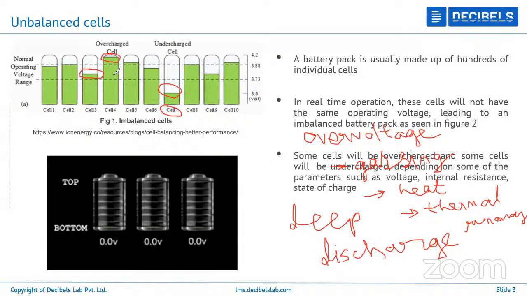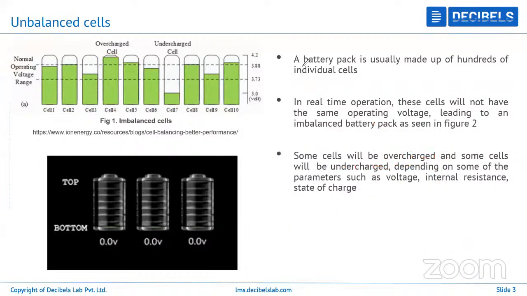Even in very recent situations, we've seen the Ola S1 model suddenly catch fire. That's because of an improperly balanced battery pack, which the battery management system fails to recognize. These are some of the effects that will be faced if the cells are left unbalanced in an entire battery pack.